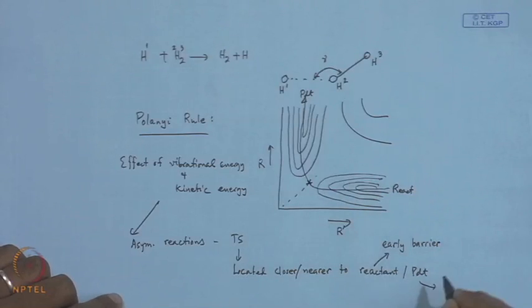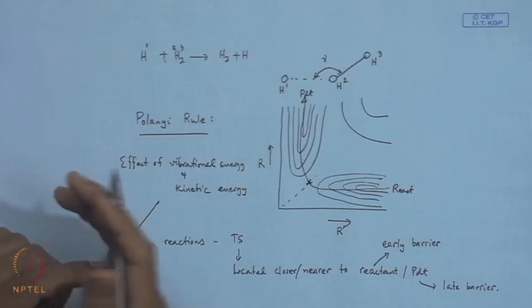If it is on the product side, it is called a late barrier.